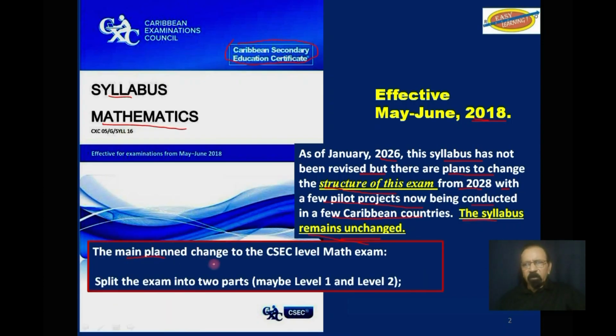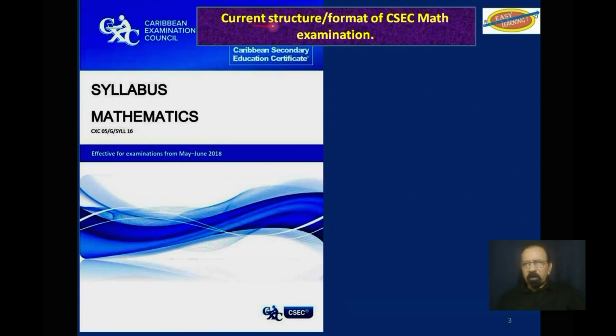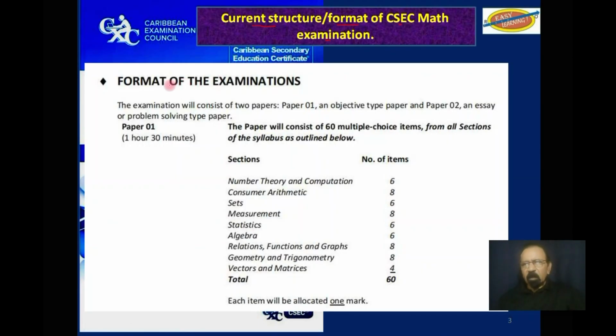The main planned change to the CSEC level math exam is to split the exam into two parts. The current structure or format of the CSEC math exam: there is a paper 1, 1 hour 30 minutes. It consists of 60 multiple choice questions from all sections of the syllabus as outlined below.